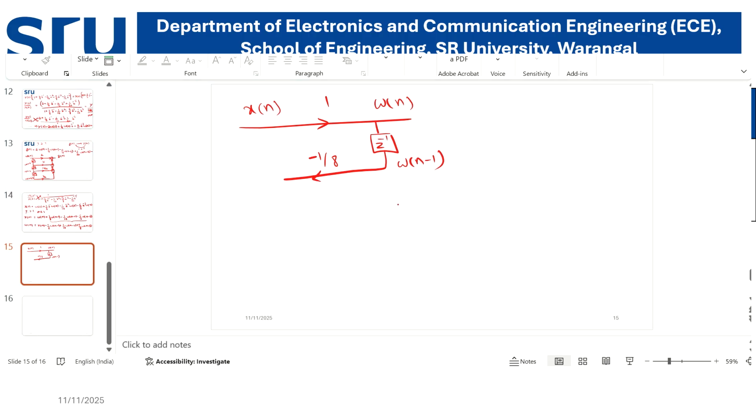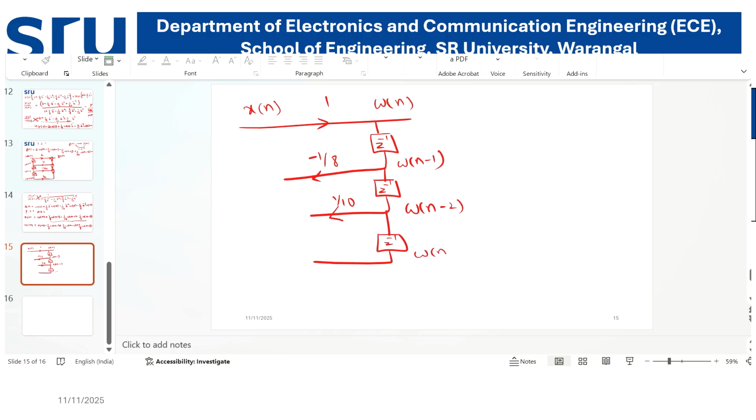Next, to get w of n minus 2, it is delayed by one more sample. The coefficient for w of n minus 2 is 1 by 10. For w of n minus 3, the coefficient is 5 by 8. Again, the last one, w of n minus 5, the coefficient is 1 by 10.